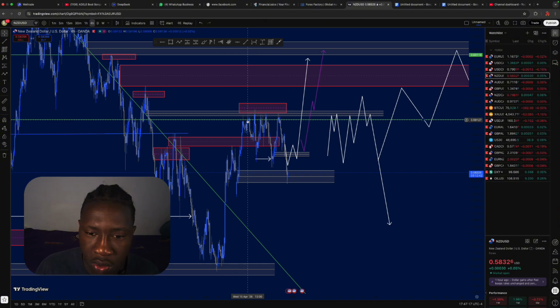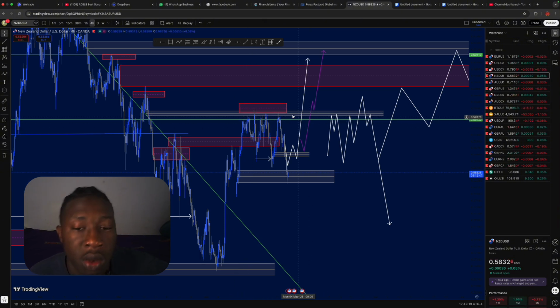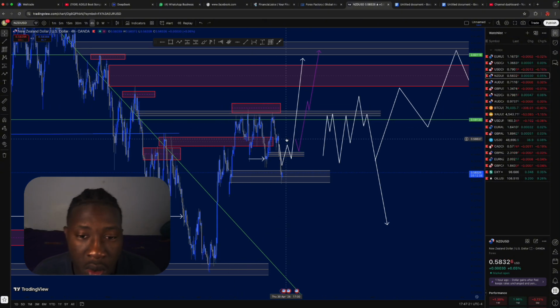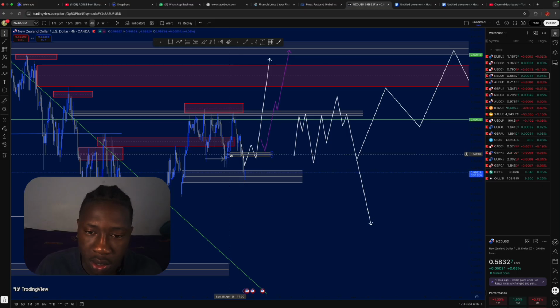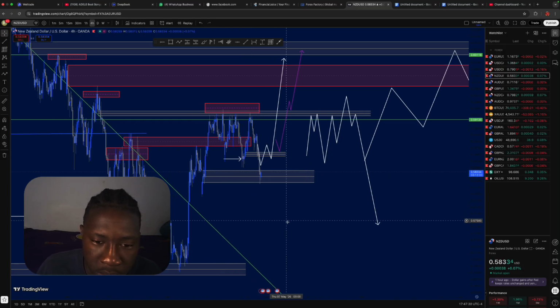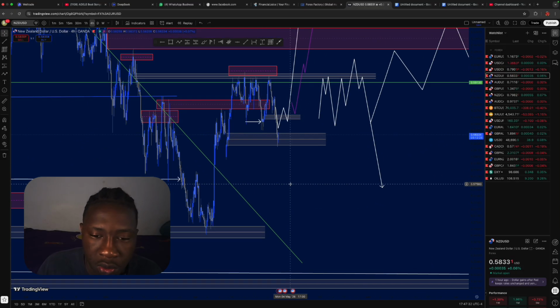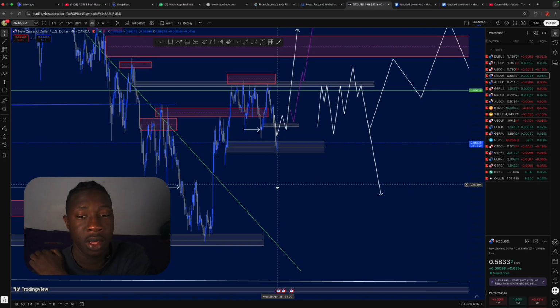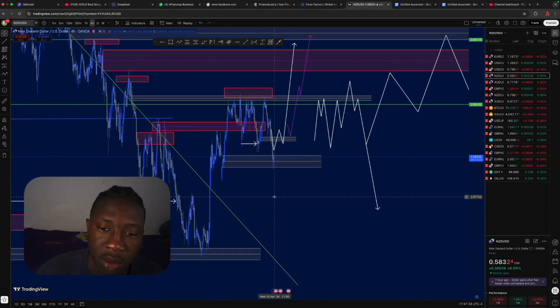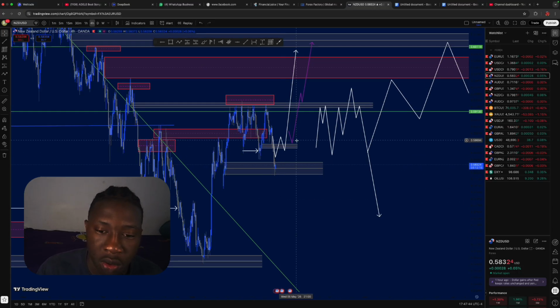NZDUSD retested the equal highs and then came into this demand zone and broke the demand zone, continuing moving to the downside. So the market did not give me the structure that I said I'm looking for.